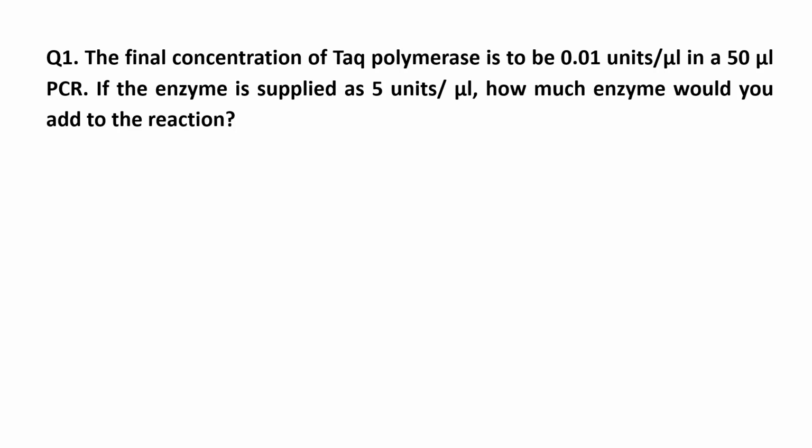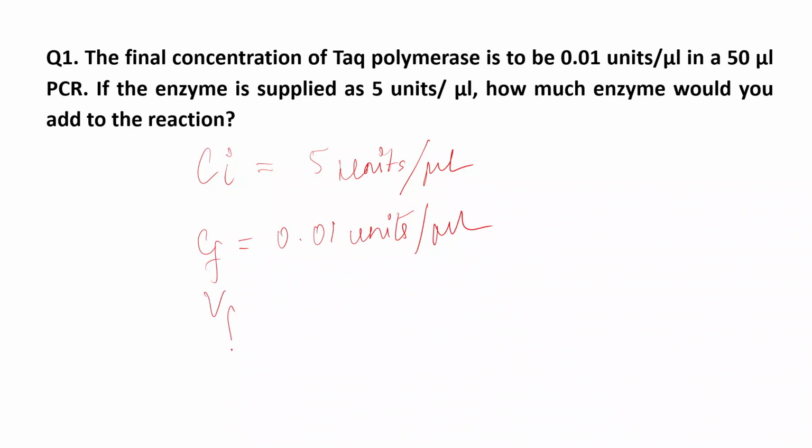Okay, so first let's write down what we know. Initial concentration is 5 units per microliter, and you need 0.01 units per microliter, and final volume is 50 microliter.